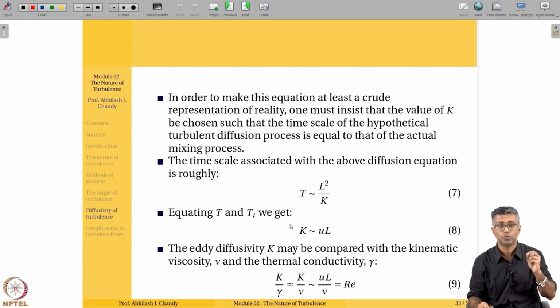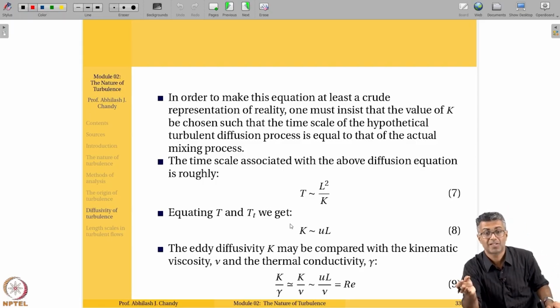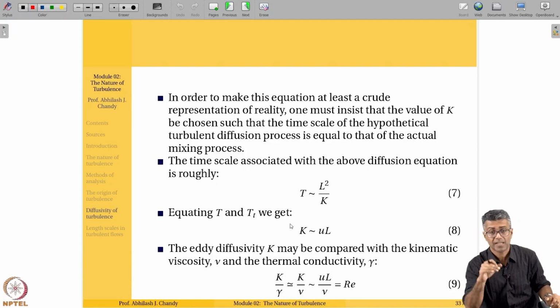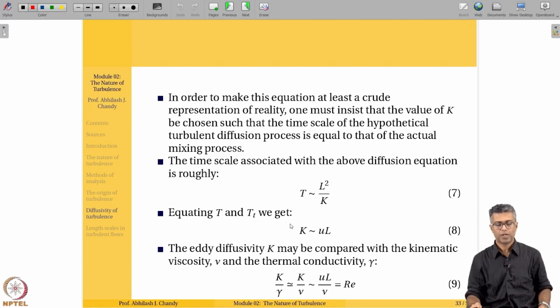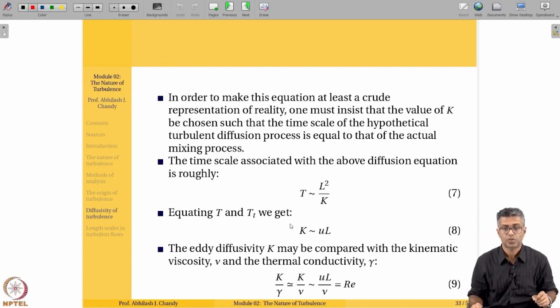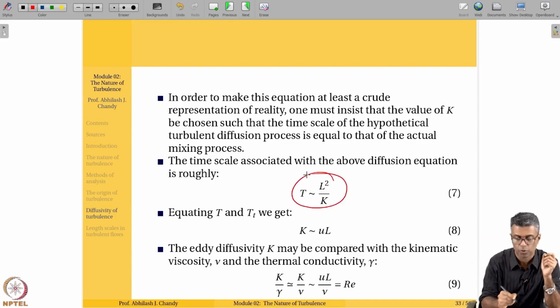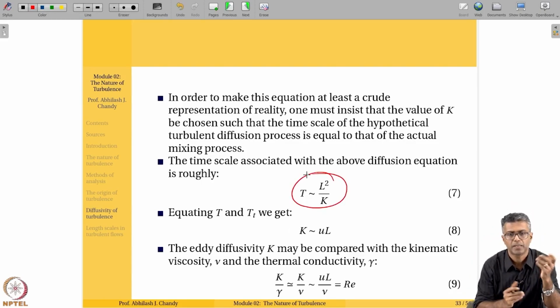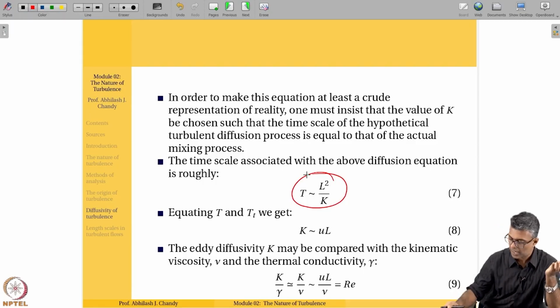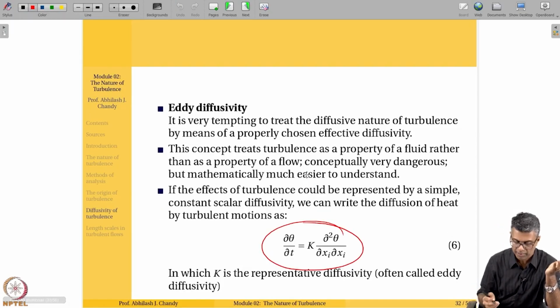So we have to choose K such that the time scale of this hypothetical turbulent diffusion process is equal to that of the actual mixing process, right? As in turbulent mixing process. So let's say the time scale associated with the above diffusion equation, T is approximately equal to L squared over K. And this is how I could do it when I want to estimate the time scale, right?